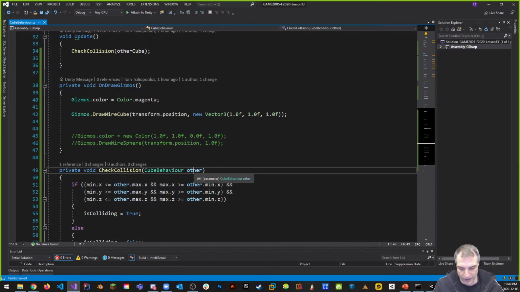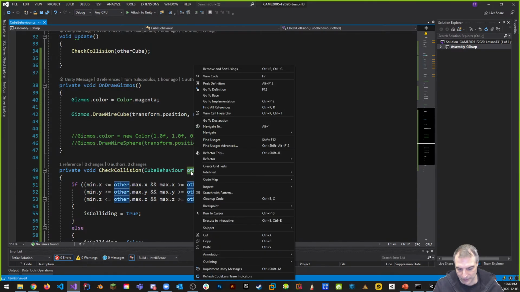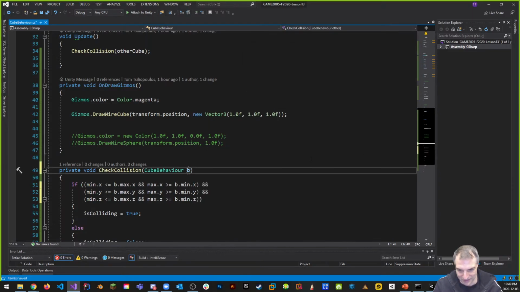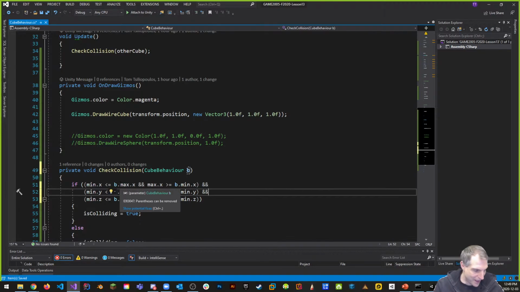If you really want to be less confused, just refactor, rename it to b. So b max x, and max x is us, is a. That's the formula. I'm just using the exact same formula from the slide, guys. No difference. All right, let's see if this works.